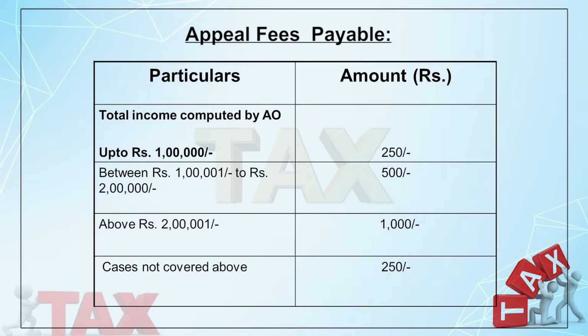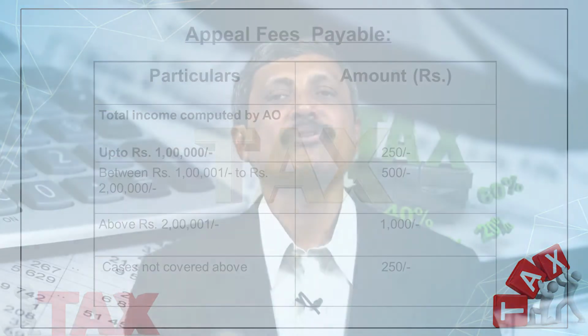So the assessee needs to file with a proper form and proper filing fees to the appellate authority within 30 days from the date of receipt of the order. Section 249 says that when the order has been served, the appeal is to be filed within 30 days from the date of receipt of the order.